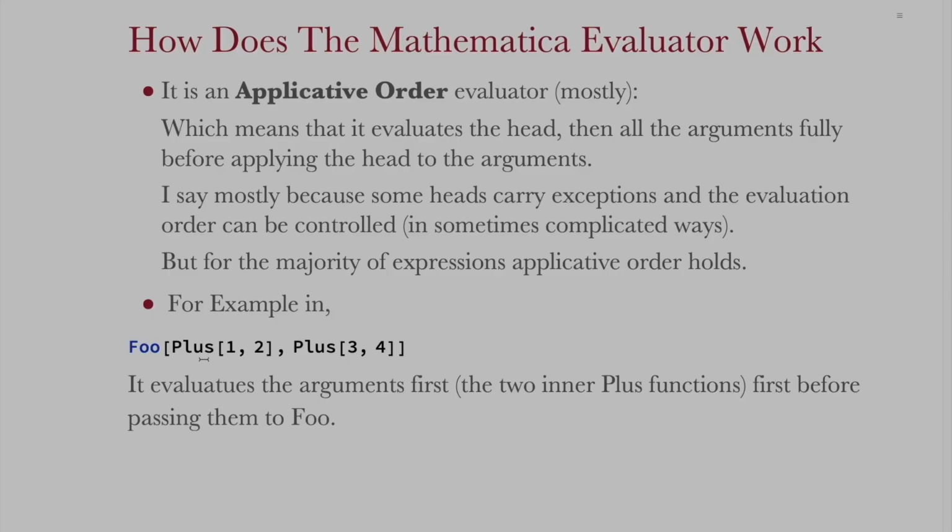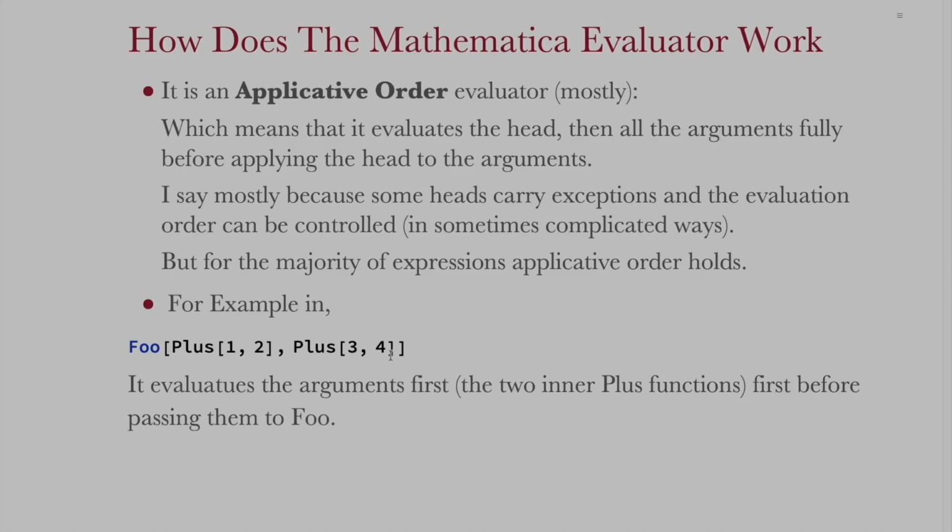That doesn't have to be the case if it's not applicative order, because there are some evaluators out there, like Haskell, for example, that are normal order, or what's called lazy evaluation, where the whole Plus[1, 2] is passed into foo, and then Plus[3, 4] is also passed into foo, and only if inside the body or definition of foo Plus[1, 2] or Plus[3, 4] is needed, only then will it be evaluated, not before.